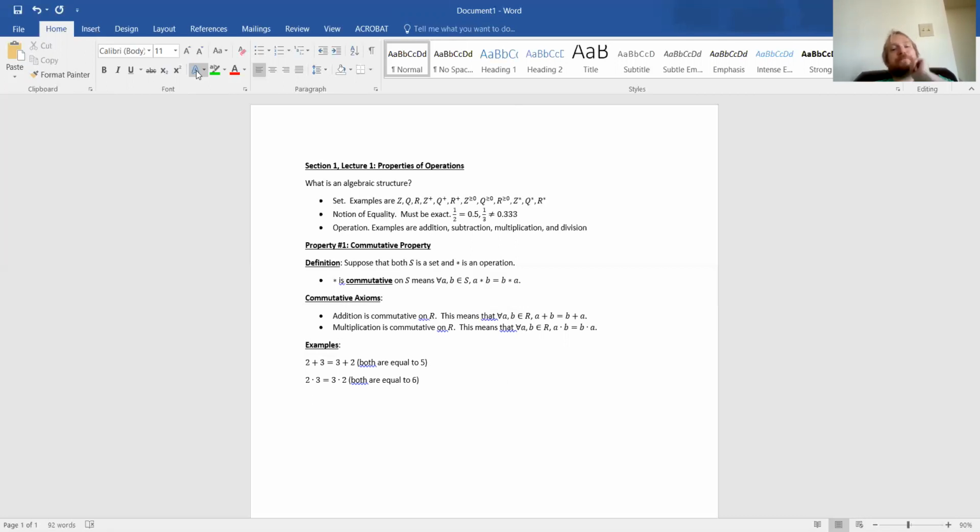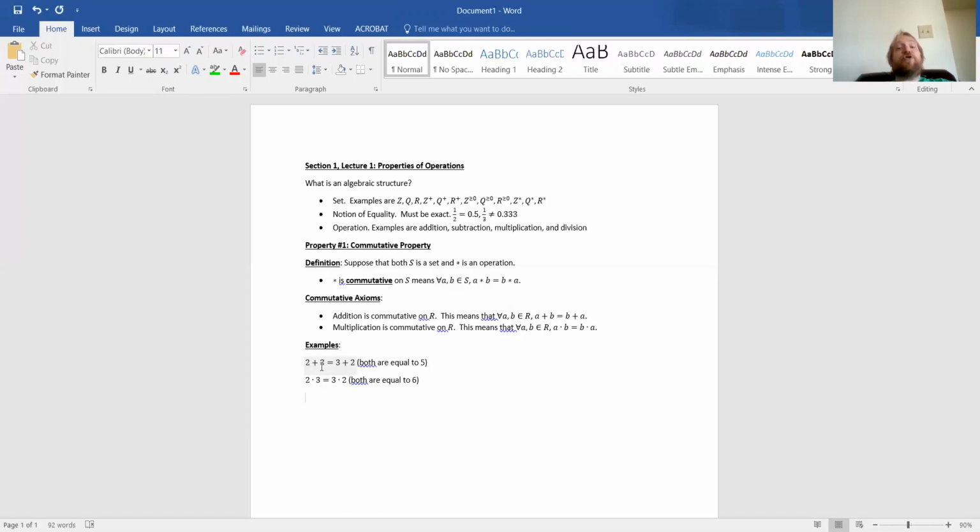Now, let's just be very careful though. These examples illustrate the commutative property, but they do not prove the commutative property. And the reason why is the commutative property is for every pair of elements A and B in S. And here we have just illustrated this true for one particular pair of elements, for A equals 2 and B equals 3.